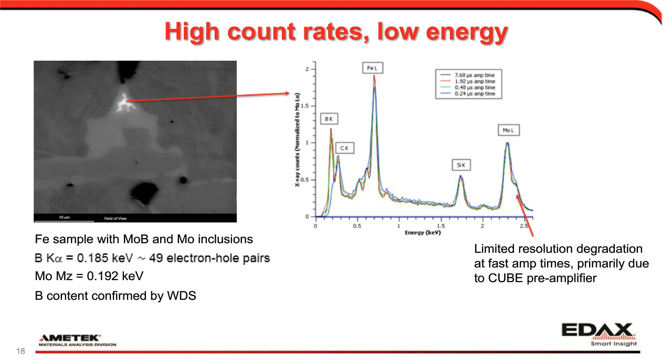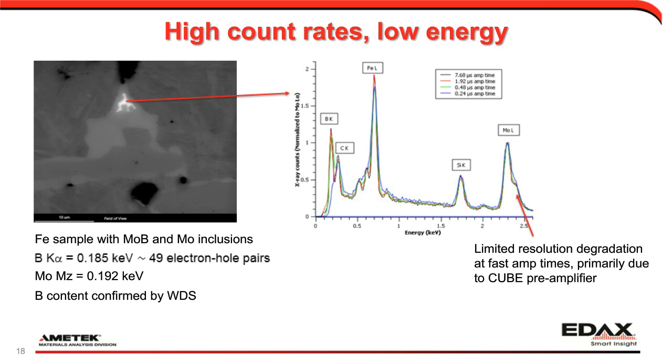You can see at the very fast one, the blue curve, the shoulder on the moly M line is not as distinct. You can't really separate it out. It becomes a peak broadening rather than a distinct shoulder. But it's limited resolution loss compared to the previous generation detectors, and that's primarily due to the cube preamplifier having lowered the capacitance in the system.